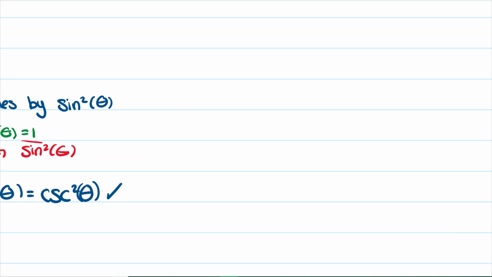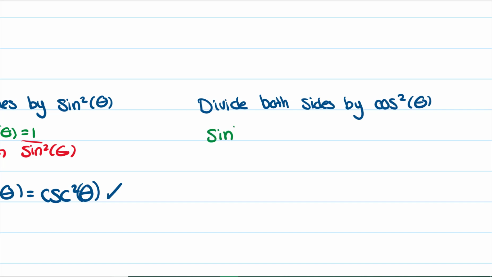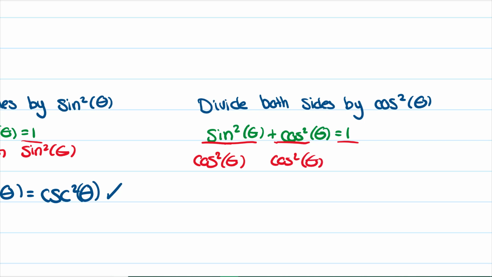So the next thing we're going to do is divide both sides by cosine squared. So we go back to sine squared plus cosine squared equals 1, and now we're going to divide everything by cosine squared. And remember, you can divide both sides of an equation by whatever you want, as long as you do it to both sides to keep the equation balanced.